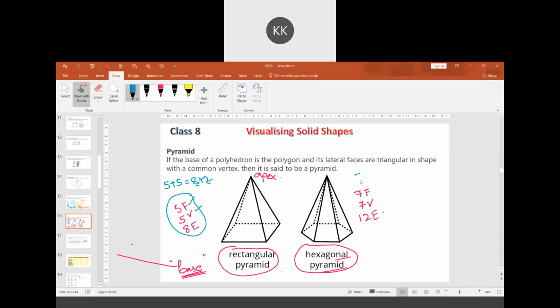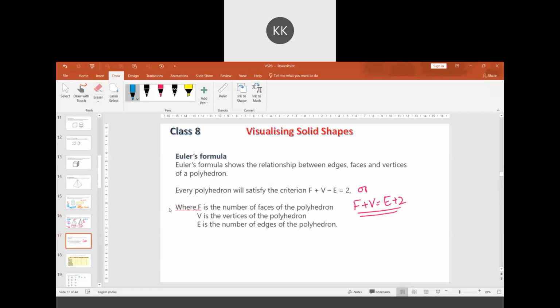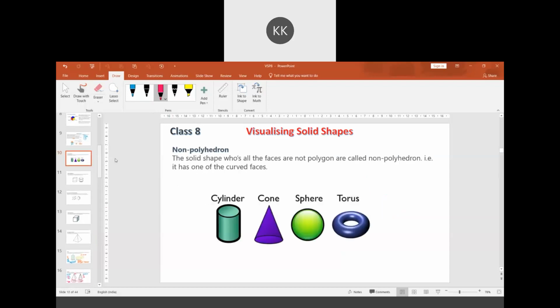Same way, here you can see 7 plus 7 minus 12 is 2. F plus V minus E will be equal to 2. This Euler's formula is applicable only for polyhedrons. It is not applicable for non-polyhedrons like this one.